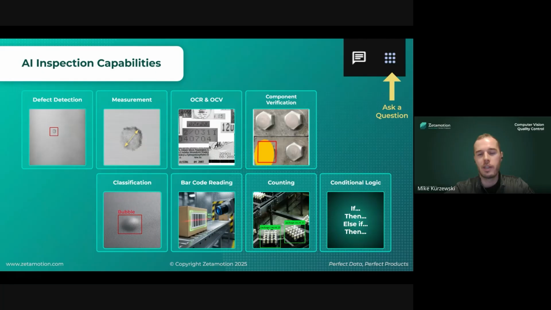So our previous clients had conditions about clustering of bubbles. You could have a number of bubbles in one specific location on the product, and if it exceeded a number of bubbles, that would count as a fail condition, as well as the measurement of those bubbles, the spacing of the defects.